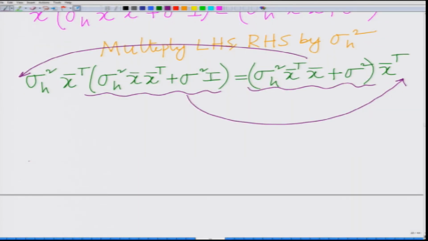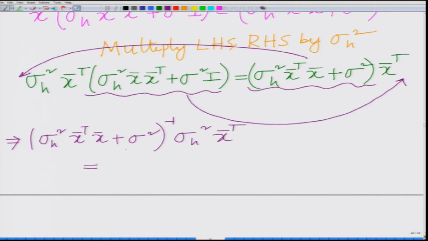So now we can write this implies sigma h square x bar transpose sigma h square x bar transpose x bar plus sigma square inverse times sigma h square x bar transpose x bar transpose.